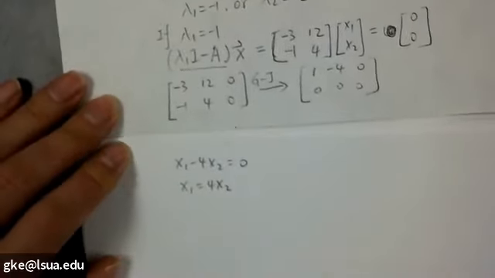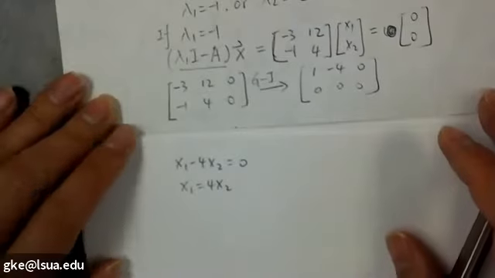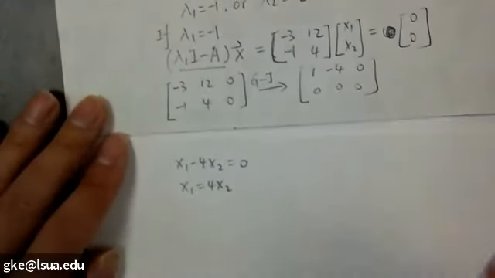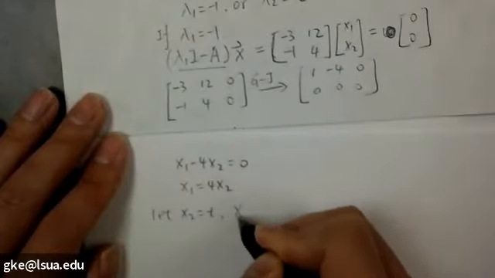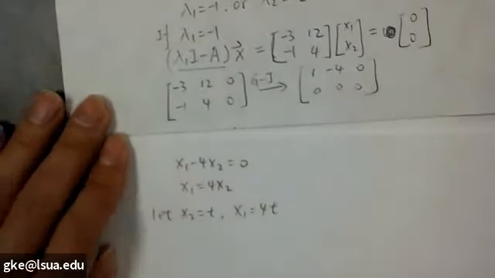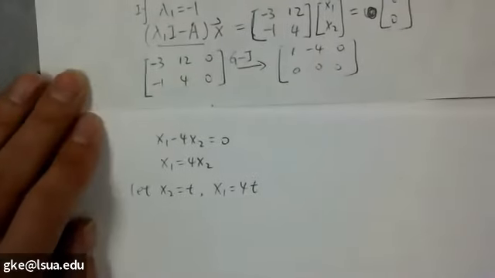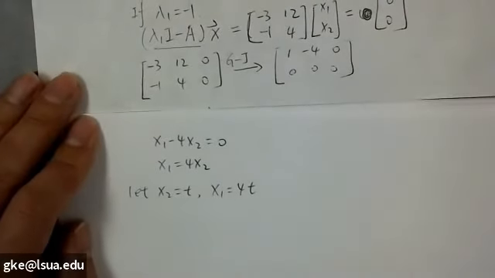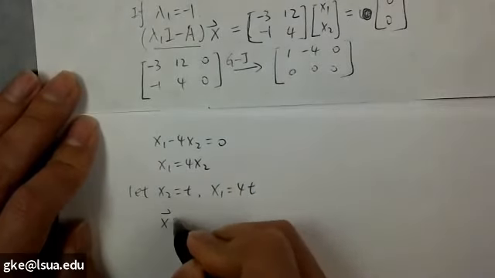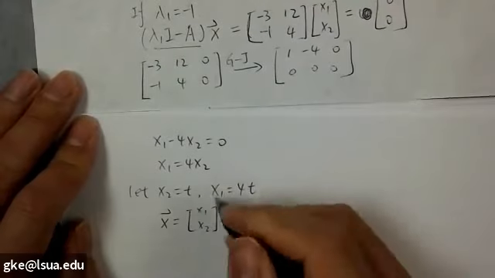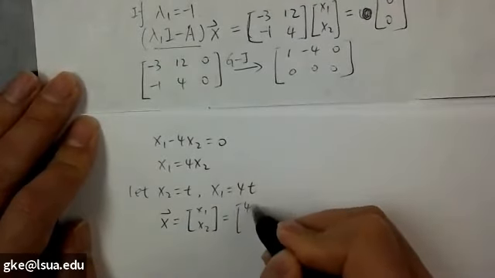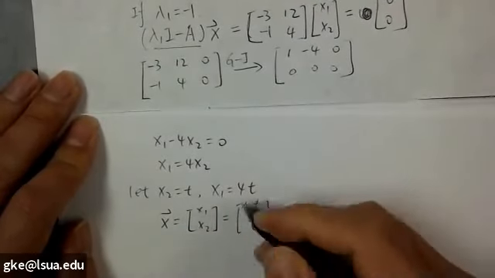If we use parametric representation, we let x2 equals t, then x1 equals 4t, okay? And then we can write down the x vector as (4t, t), right?